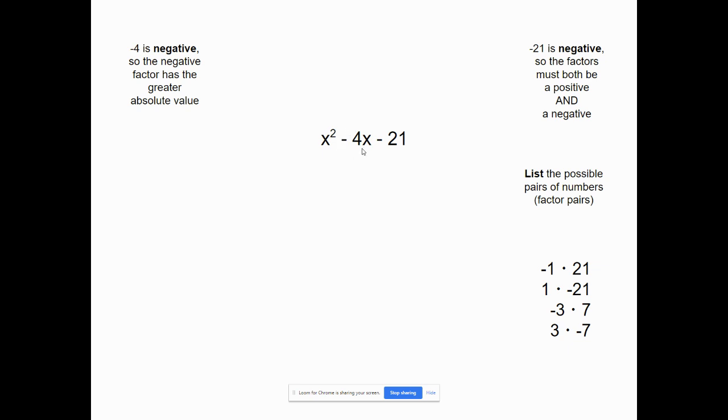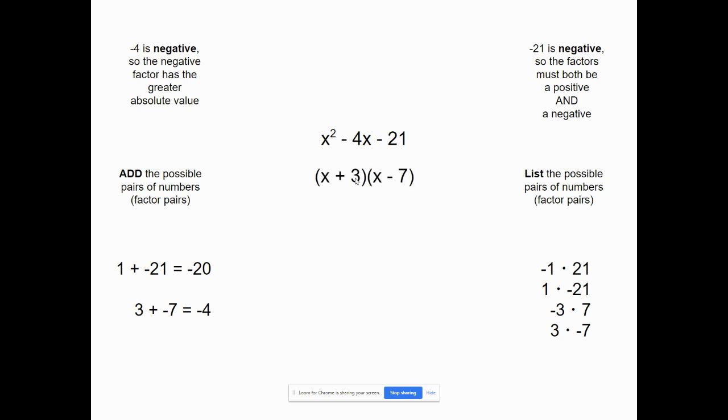And it is a negative number, so we know that the negative factor in our pair has to have a greater absolute value. So we add those possible pairs, and the ones that we consider are 1 and negative 21. Negative 21 has a greater absolute value than 1, and we get negative 20. And 3 and negative 7, and there is our negative 4. So there is our answer. x plus 3 times x minus 7. Those are the factors of this trinomial.